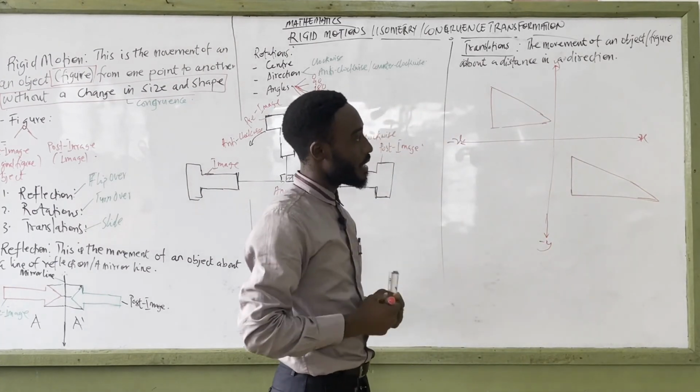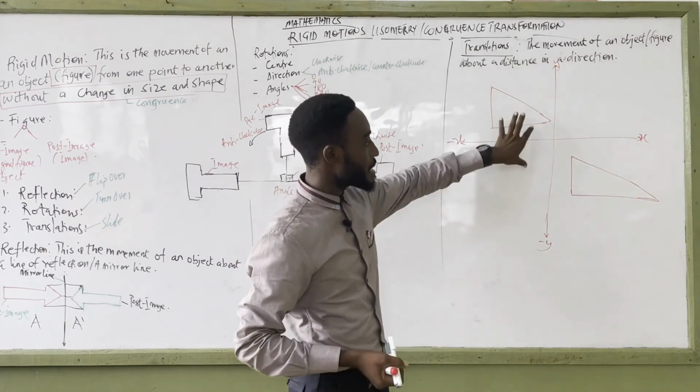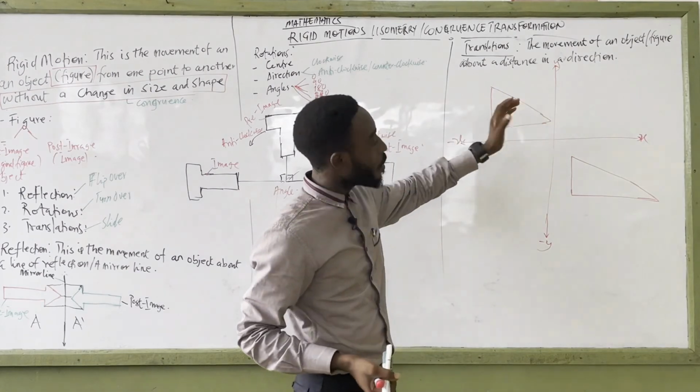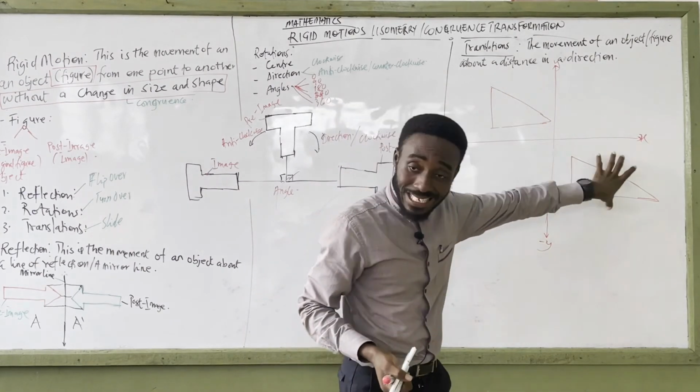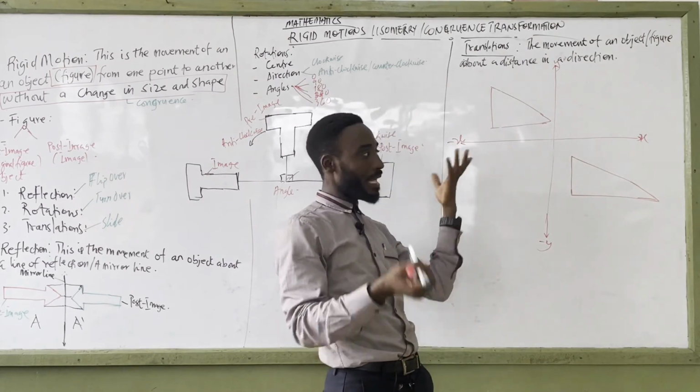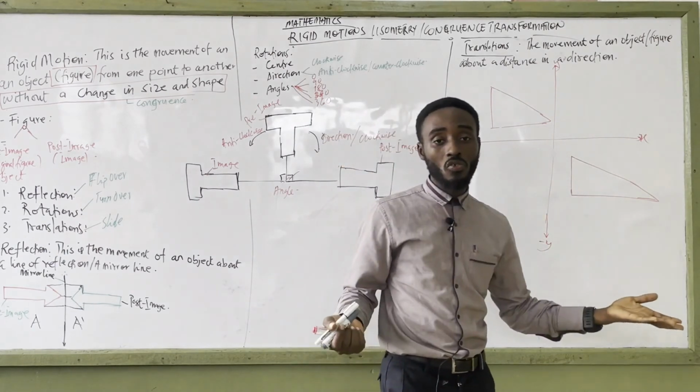One thing you can notice is that if it's a translation, this object here would have the same direction as the image. So you don't expect to see an image facing this direction. If that's the case, that is no translation.